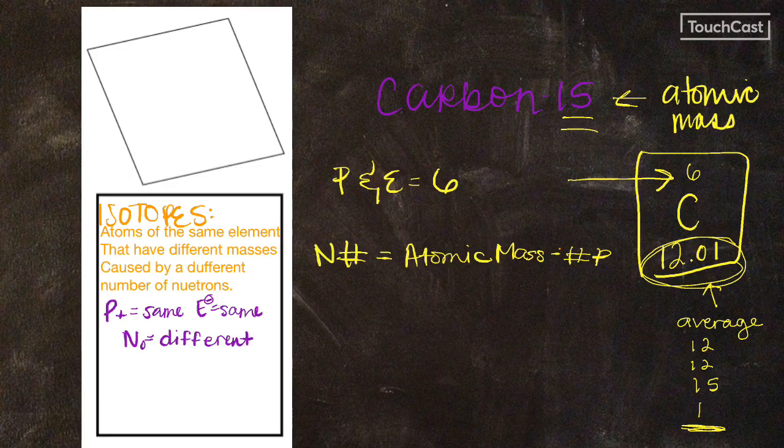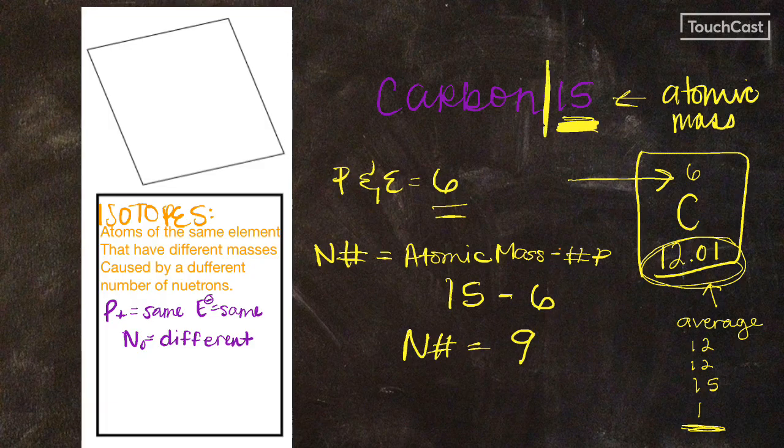So my atomic mass is 15 minus my number of protons, 6, means that I have 9 neutrons. So all we're looking at are elements that have a different atomic mass because we have extra neutrons.